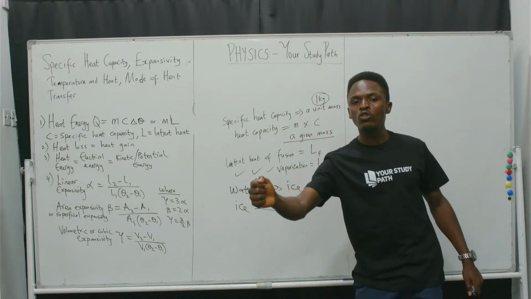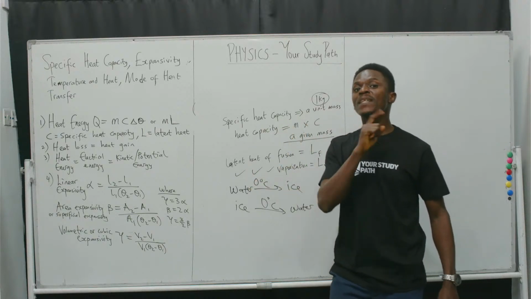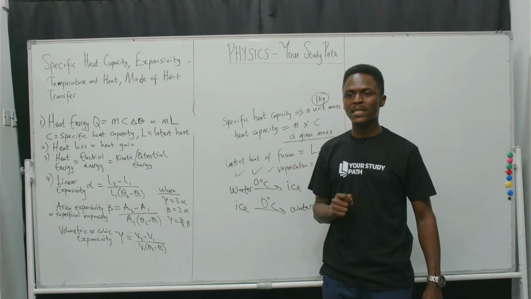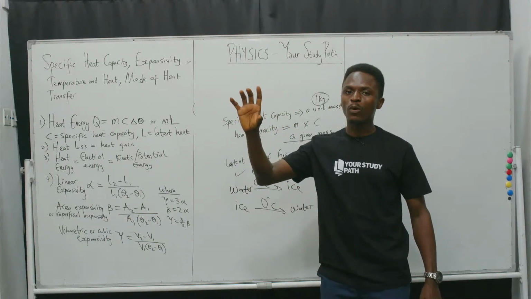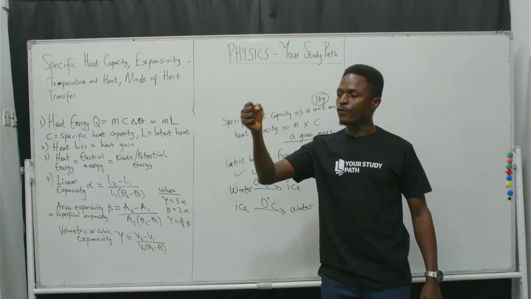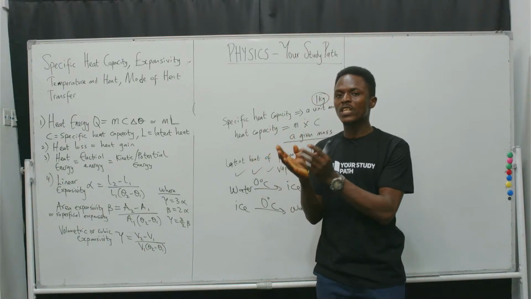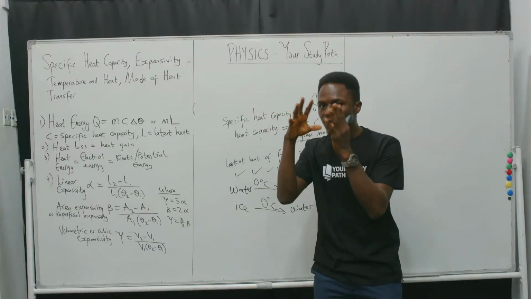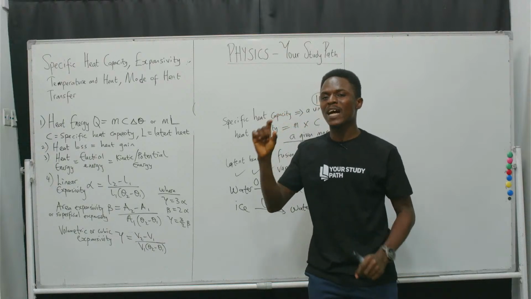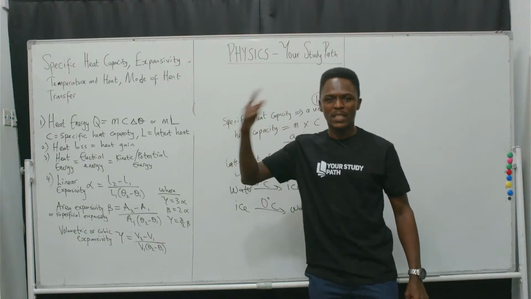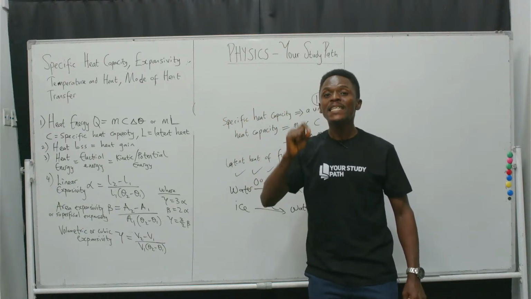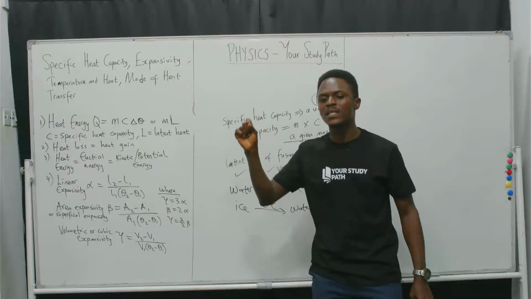You place it on your table, and it is expected of you as a science student to know that the ice block, the frozen drink, begins to melt. The ice content in it reducing all takes place at 0 degrees Celsius. The continuous melting is occurring at 0 degrees Celsius.